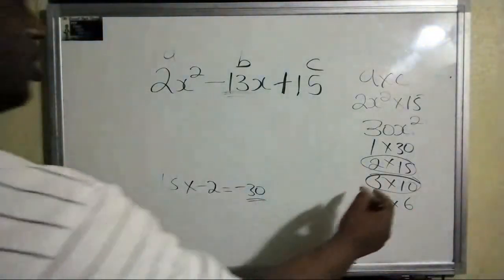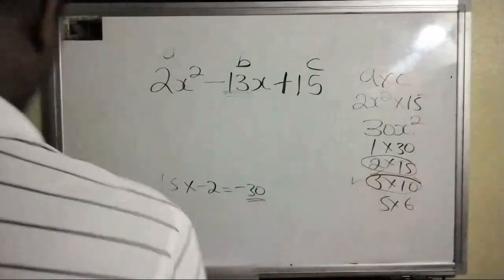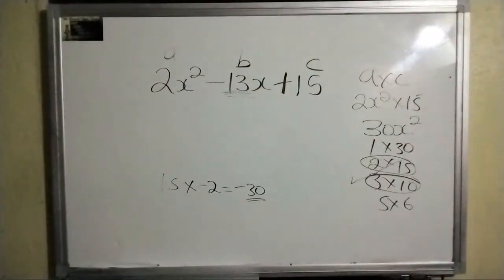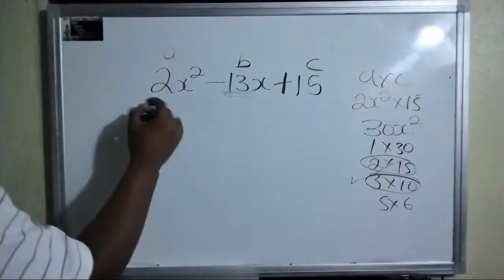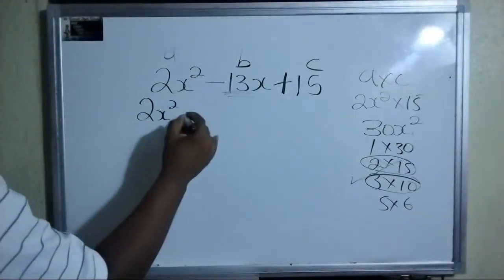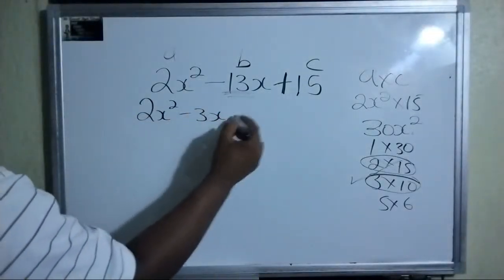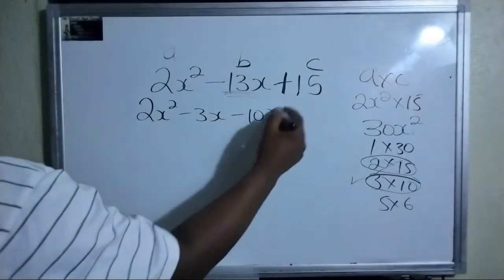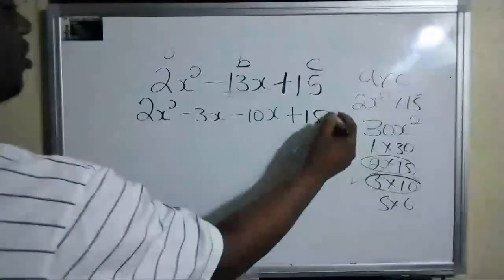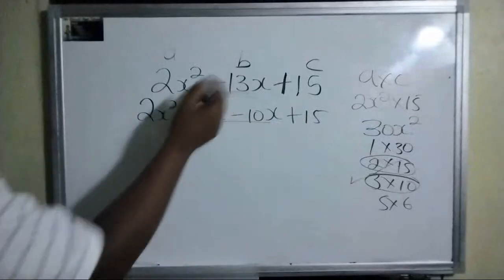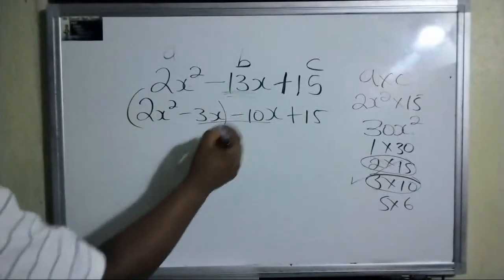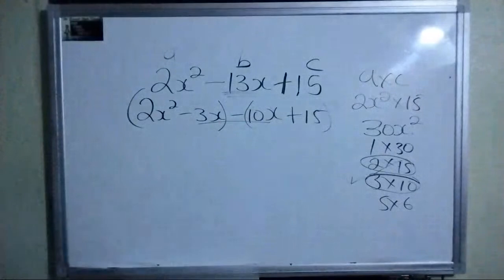So we're going to choose this one and dismiss that one. So it's negative 3 and negative 10. So now we have 2x squared minus 3x minus 10x plus 15. So the value of this is negative 13, because when you add two negatives, you get a negative, right?